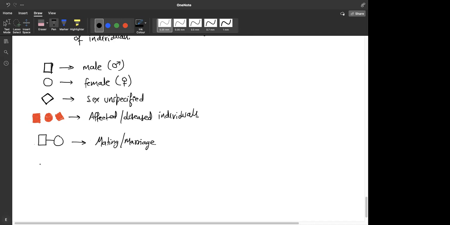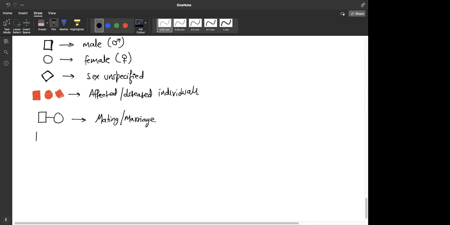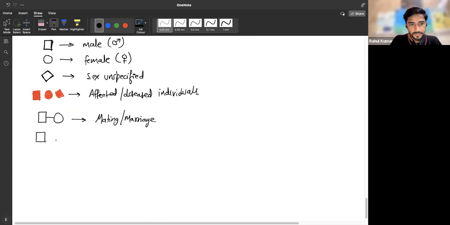And if it is shown by double bonds, then what does this mean? This is again mating or marriage, but this time the double line is showing a greater connection or bond, so it is mating or marriage between relatives.